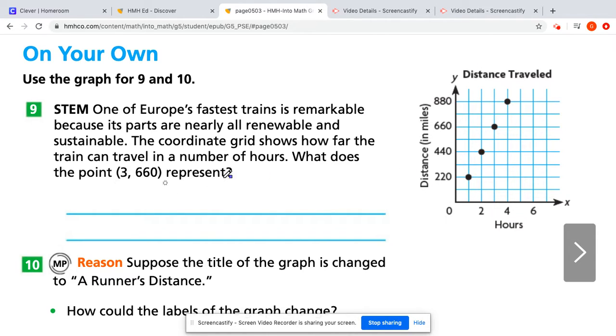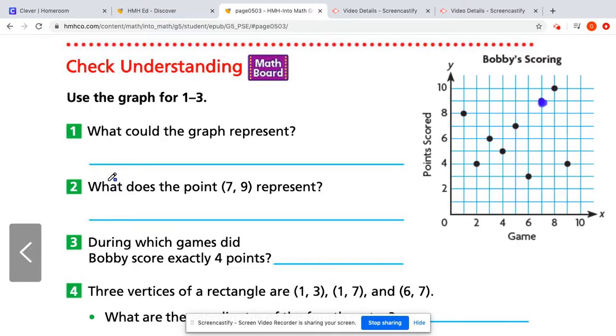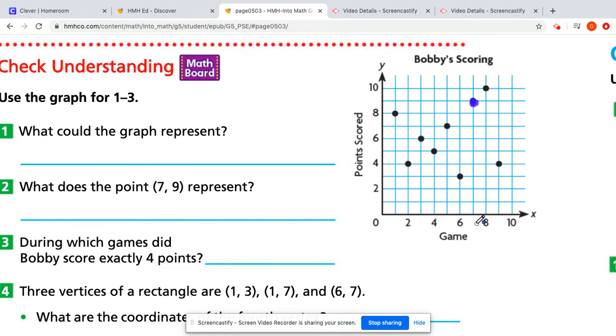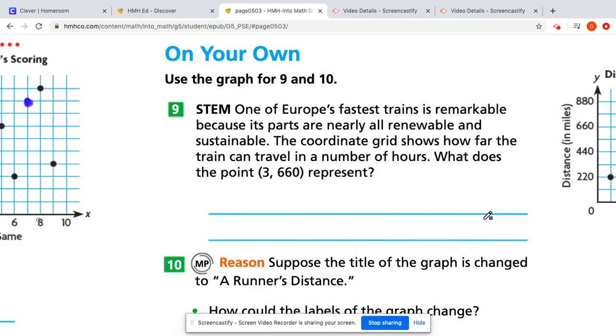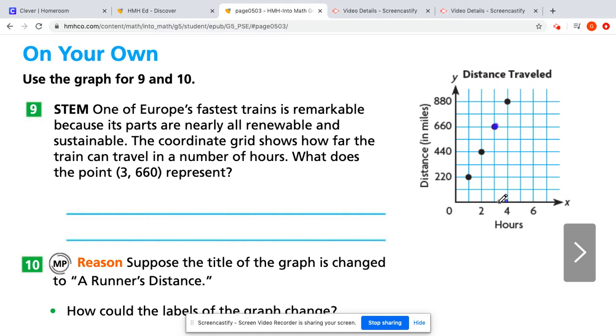It wants you to find the point 3, 660. So again, look at the points over here. Looks like 3 might be here. And we're going to go up to 660. What does this point represent? So just like we did over here for Bobby for 7-9, and I talked about what 7-9 represents, you have to do the same here for 3 and 660.